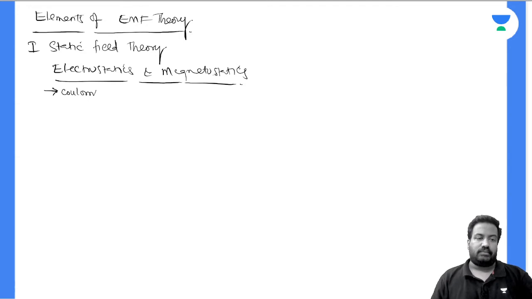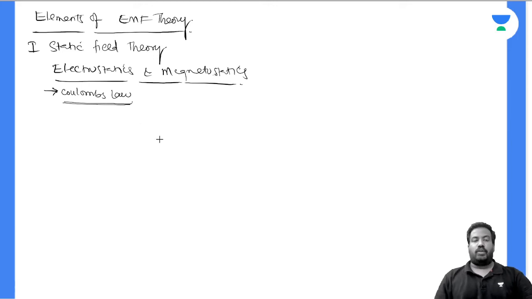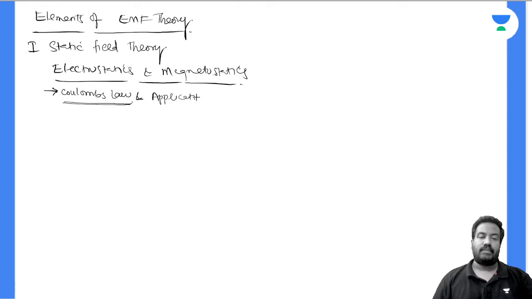Coulomb's law is a generalized law that governs electrostatics. We discussed Coulomb's law and its applications for line charge, surface charge and volume charge. We've done those derivations and applications, numericals on that, previous year questions and practice questions.